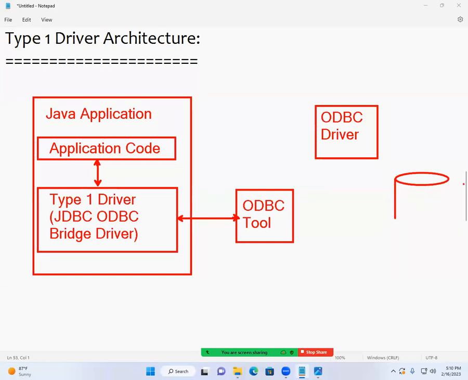With that driver, it is connected to the database. Now, this ODBC tool contains ODBC drivers. We select the driver to connect to a database. That is connected. Here, this is totally a Java program.